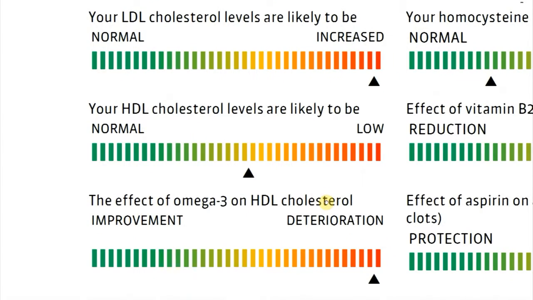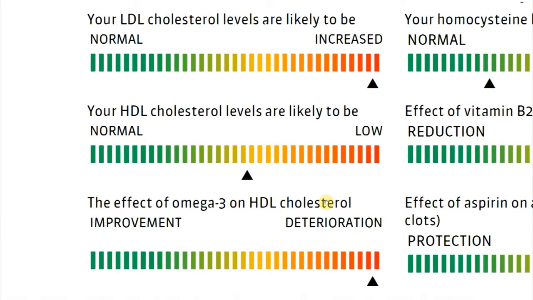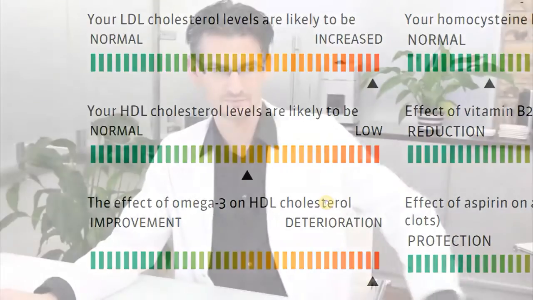The next question, the HDL cholesterol, that's the good cholesterol. This should be as high as possible. Some people have a genetic tendency to have normal levels, which would be the arrow here, and other people have the tendency to have particularly low levels, which is when it would be here, in which case certain nutritional interventions would be necessary again to improve it.